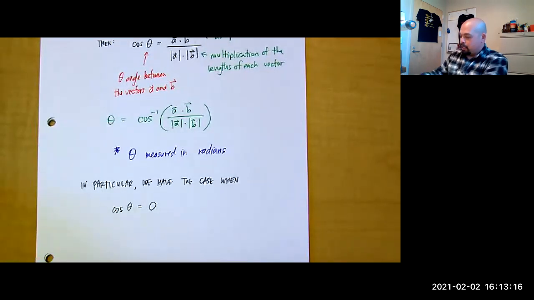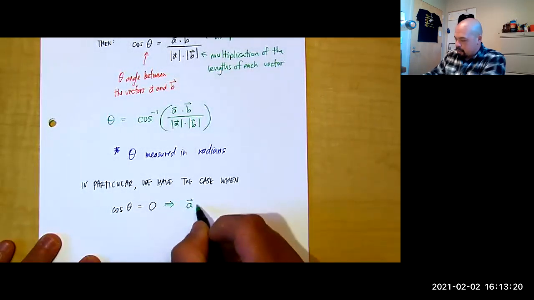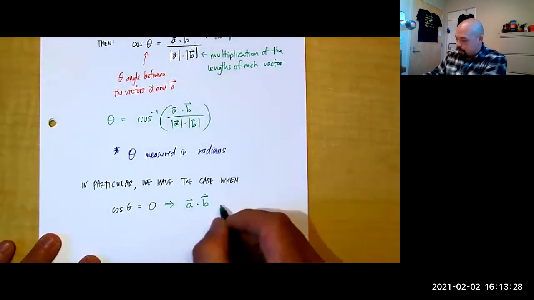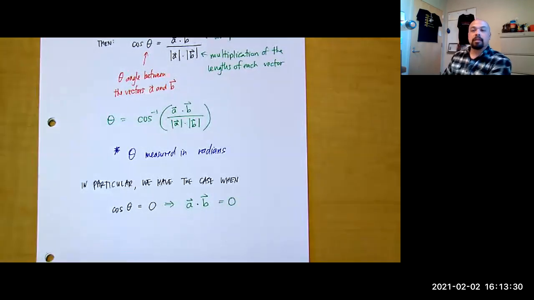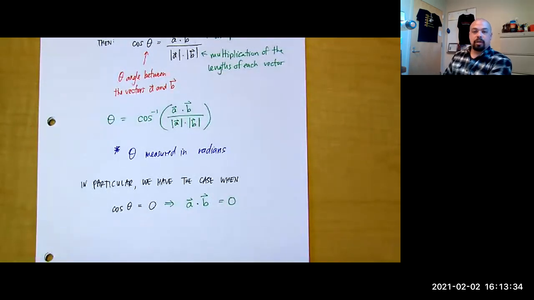Meaning, when I look at that dot product, as long as those don't have magnitude 0, they're not the 0 vector, that's equal to 0. So when that dot product is 0, the cosine is equal to 0.